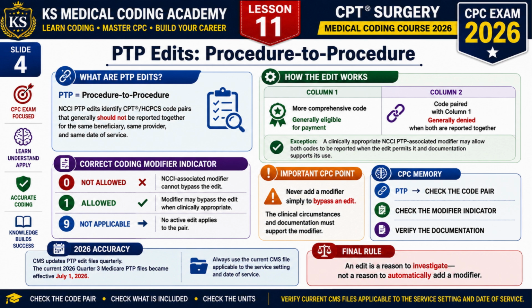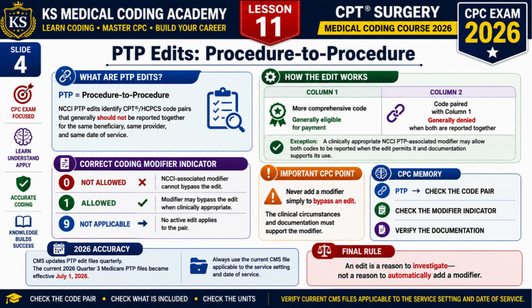Now let's focus on PTP edits, which means procedure-to-procedure edits. NCCI PTP edits identify CPT and HCPCS code pairs that generally should not be reported together for the same beneficiary, same provider, and same date of service. CMS organizes these edits into Column 1 and Column 2.